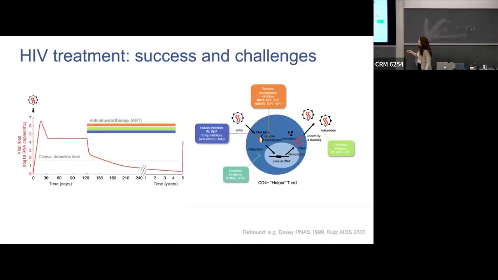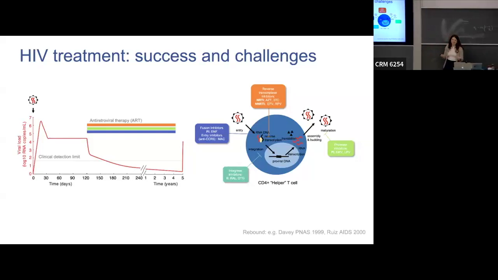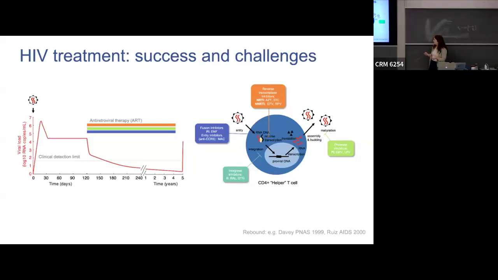What we see is that pretty much everyone, whenever we stop antiretroviral therapy, no matter how long it's been, a week, a year, 10 years, the infection always comes back. It comes back quickly and it comes back to high levels, close to where it was before treatment. This is called viral rebound, and it's something that makes HIV treatment very complicated.